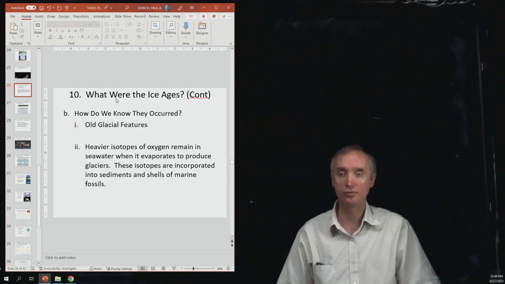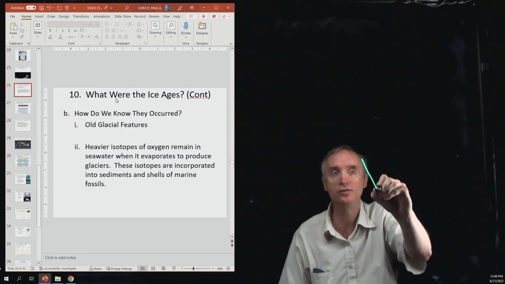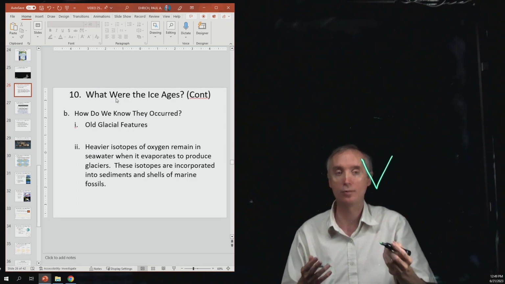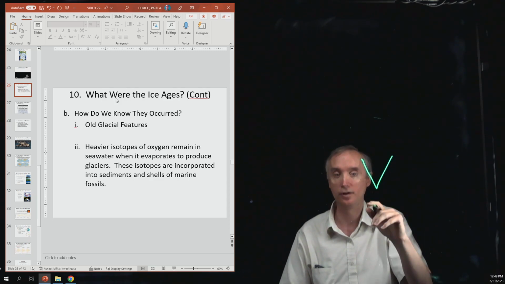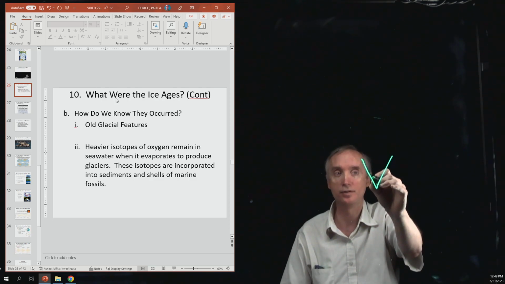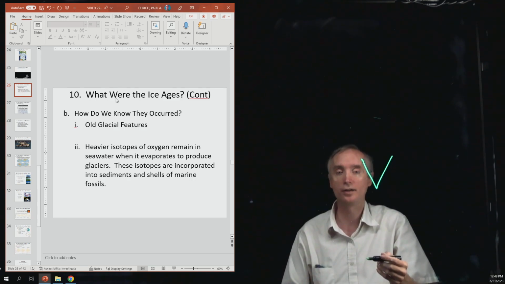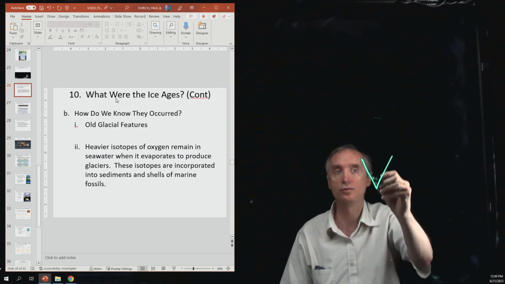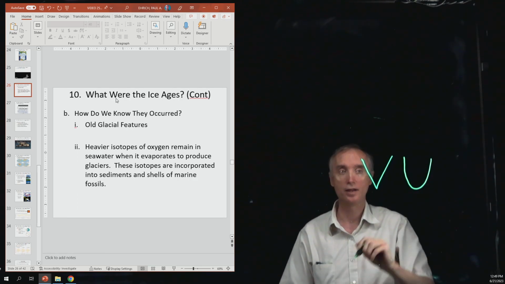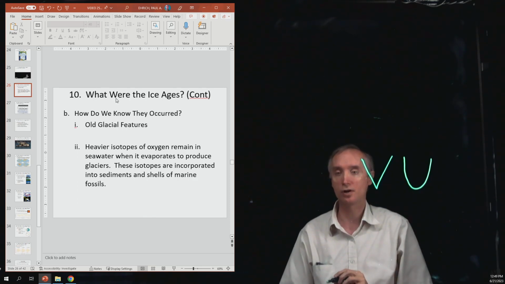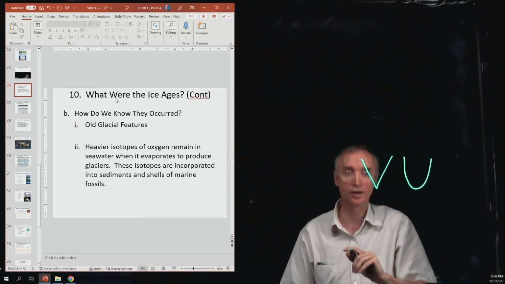For example, if you go to the Rocky Mountains in North America, you'll notice that the valleys, instead of being V-shaped, which would be the original cross-sectional profile of a valley where the V was carved by a river, are U-shaped, like that. That U-shaped profile was carved by a glacier as it moved through that valley.